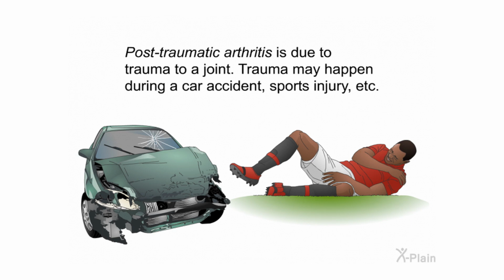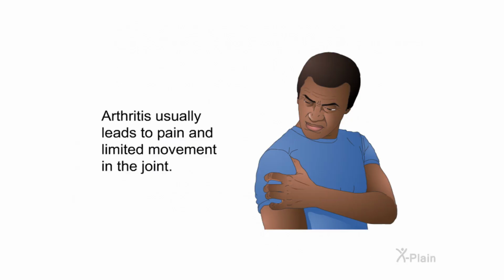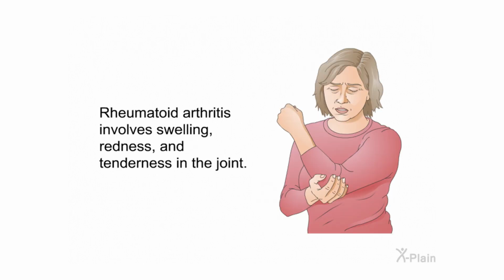Trauma may happen during a car accident, sports injury, etc. If the synovium in a joint becomes inflamed, it could end up being destroyed as well as the underlying joint. This destruction is called rheumatoid arthritis. Arthritis usually leads to pain and limited movement in the joint. Rheumatoid arthritis involves swelling, redness, and tenderness in the joint.